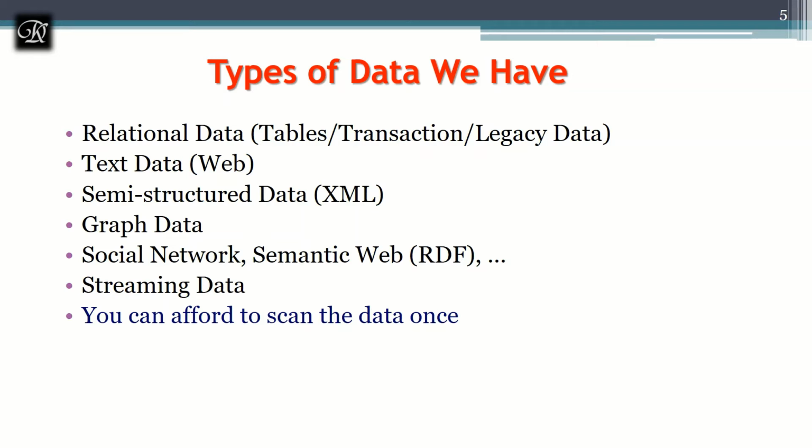Next is social network data, as I told, tweets and all, WhatsApp chats, and the likes, dislikes and comments we make on Facebook and Instagram, and like that we have many.